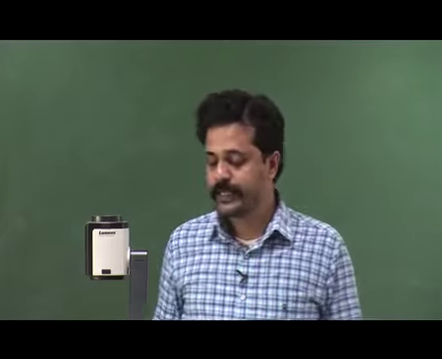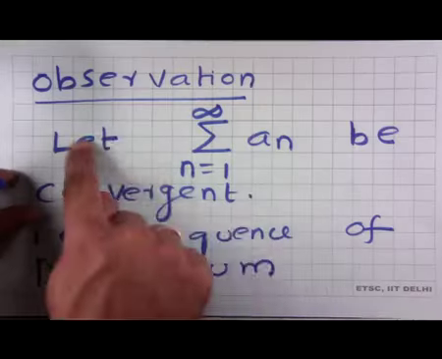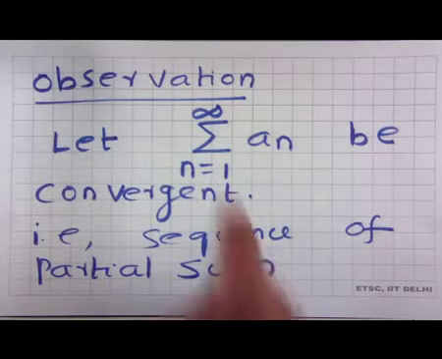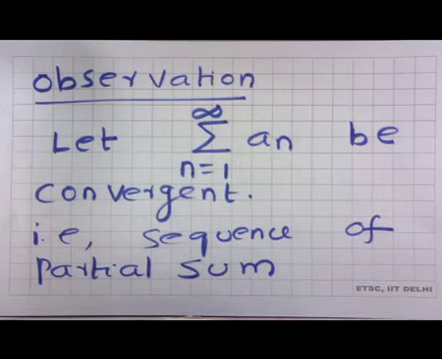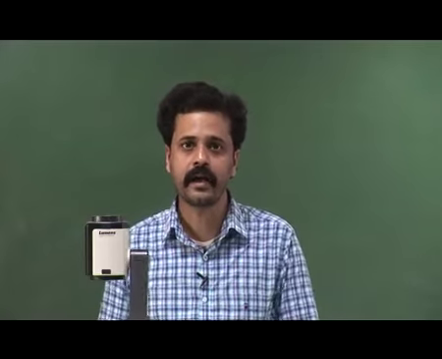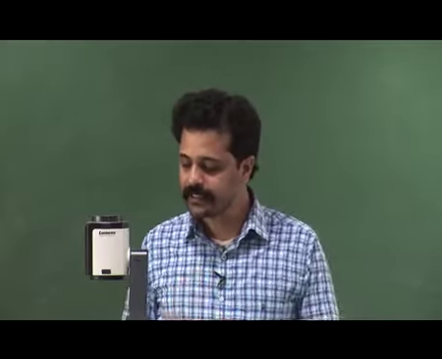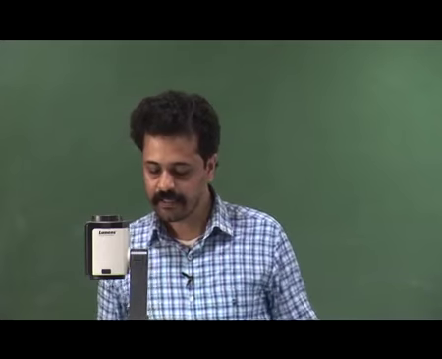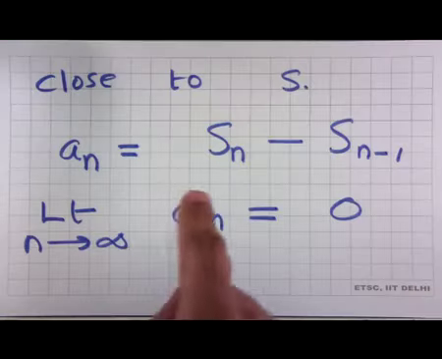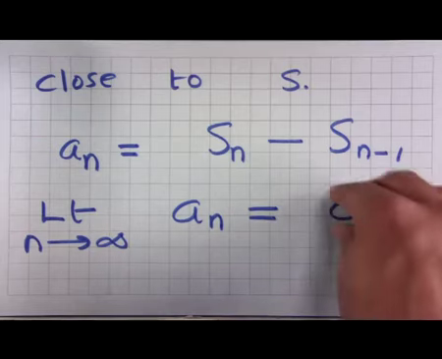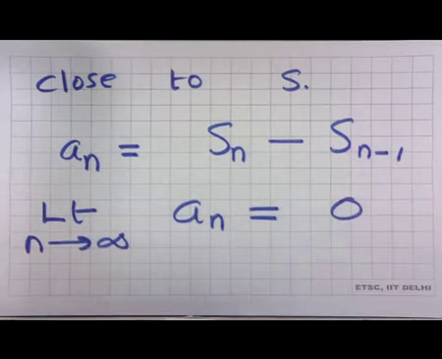So, what do we have? We started with the fact that the infinite series is convergent. That infinite series finally represents a finite real number. A1 plus A2 plus A3 plus etc. amounts to some S. In that case, we conclude that the terms an should become close to 0.